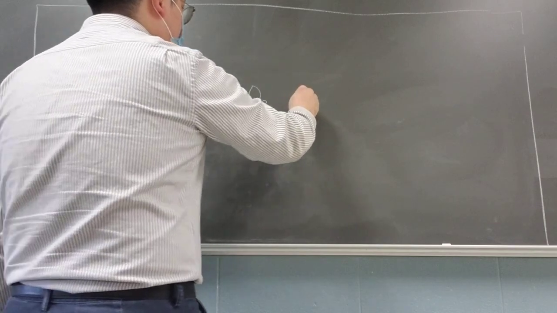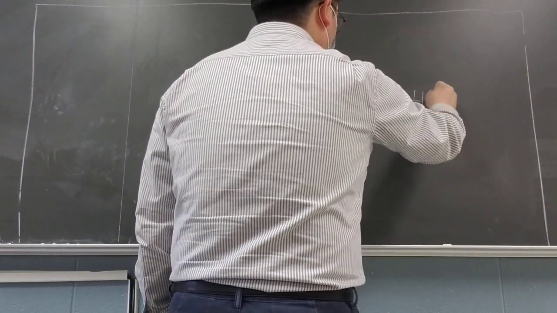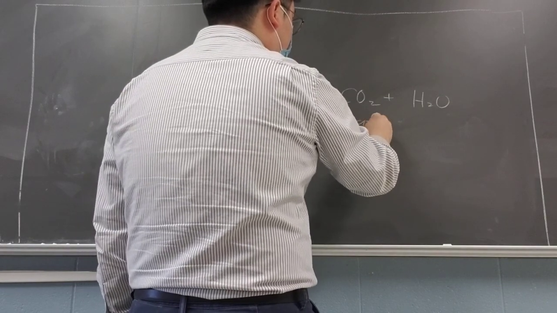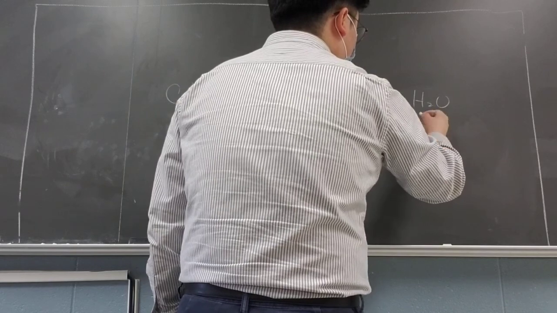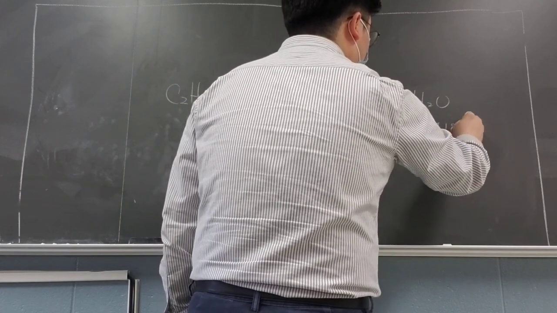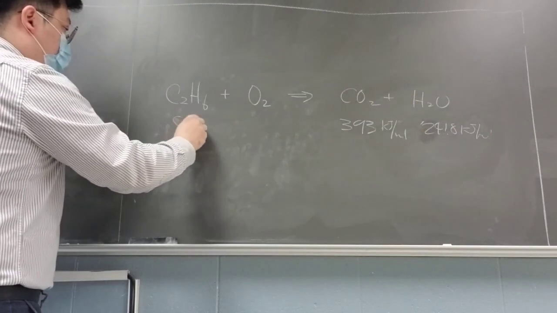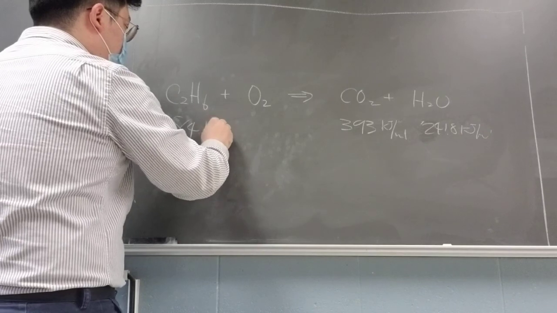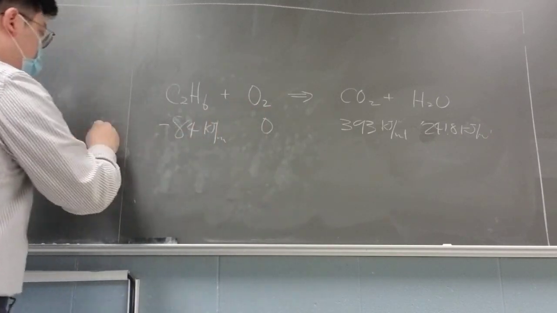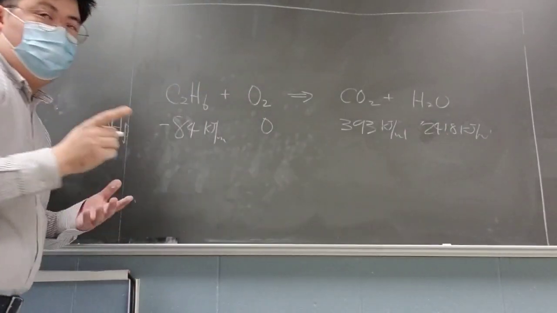Okay, this is pretty much the same. This is 84, yeah. And this is 0. Okay, so this is an enthalpy change of formation for each. And then maybe you can try this one.